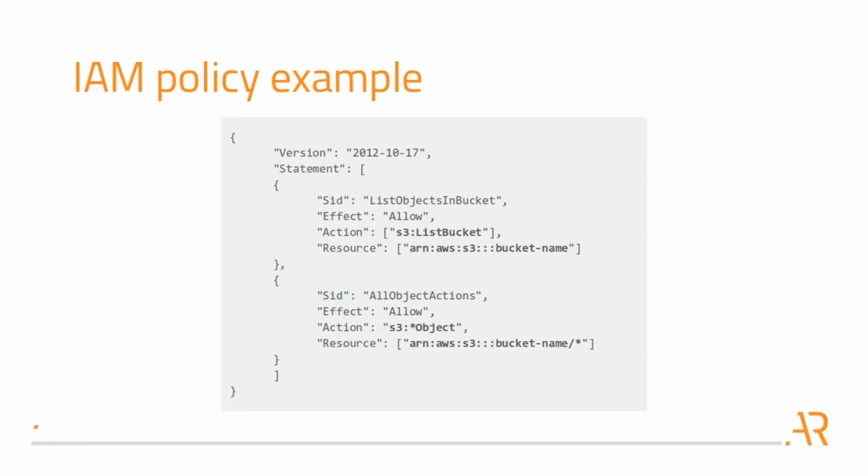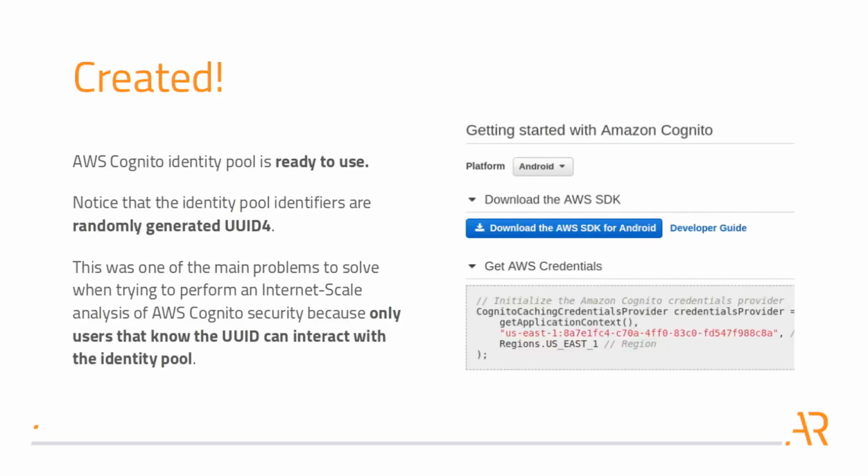So the developer needs to create a policy to restrict the permissions for each of those identities, the authenticated one and the unauthenticated one. Once he does that, we get the final screen where we see, as developers, the identity pool ID. It's ready to use. It's 100% configured. All good.